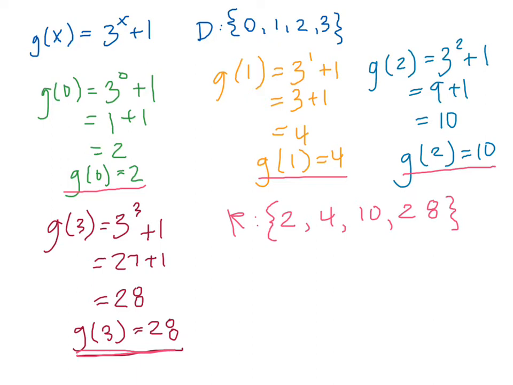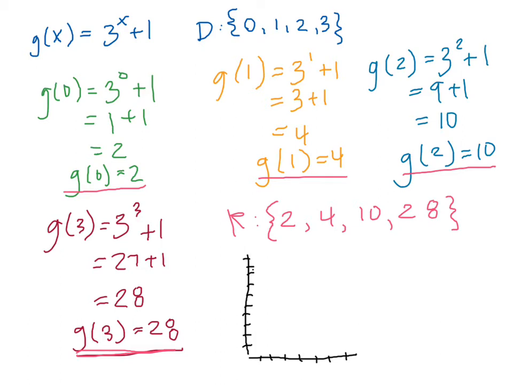This information could also be organized on a graph. So say I wanted to plot my points. I won't have enough room on this graph to do all of them, just a few.